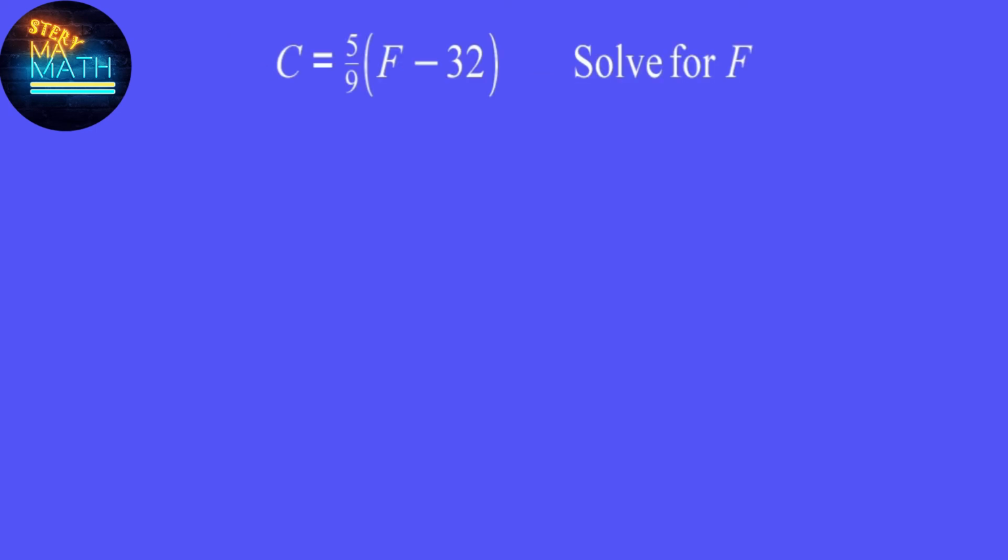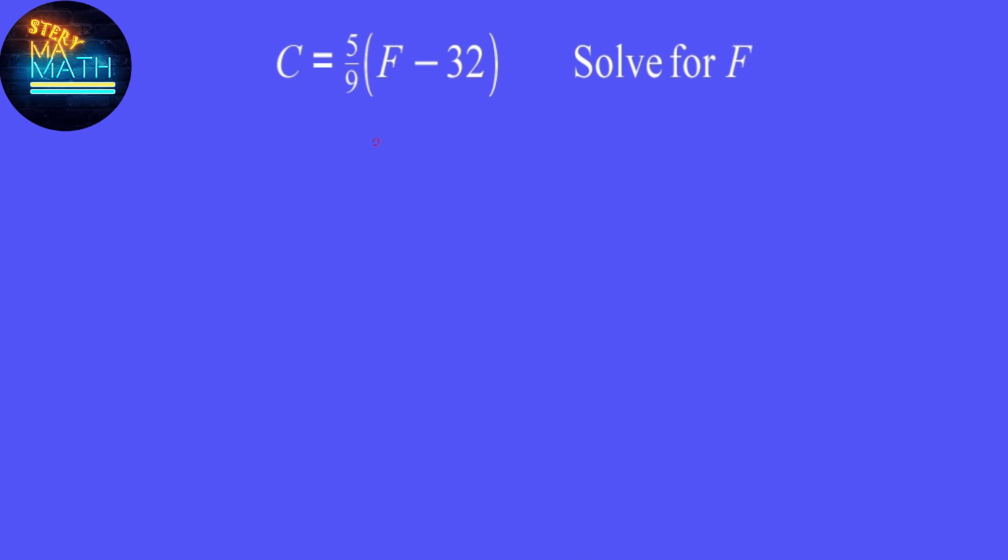C is equal to 5 over 9 times f minus 32. Solve for f. And f is trapped here in the parentheses, so I want to get rid of the number or the fraction outside the parentheses, which is 5 over 9. And as you know, 5 over 9 and the parentheses, there is nothing in between them, so it's multiplication.